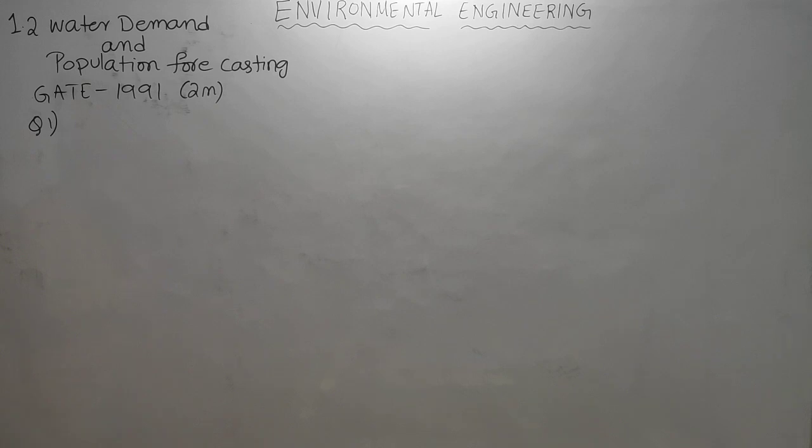The population of a city at previous consecutive census years was 4 lakhs, 5 lakh 58,500, 7 lakh 76,000 and 10 lakh 98,500. The anticipated population at the next census to the nearest 5,000 will be. So let us see the values.